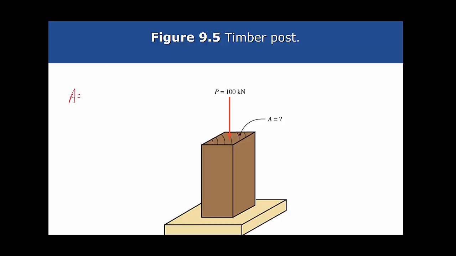equals what? The force, which was given as 100 kilonewtons. So 100 times 10 to the third newtons. Right? That takes the place of kilo, doesn't it? 10 to the third.